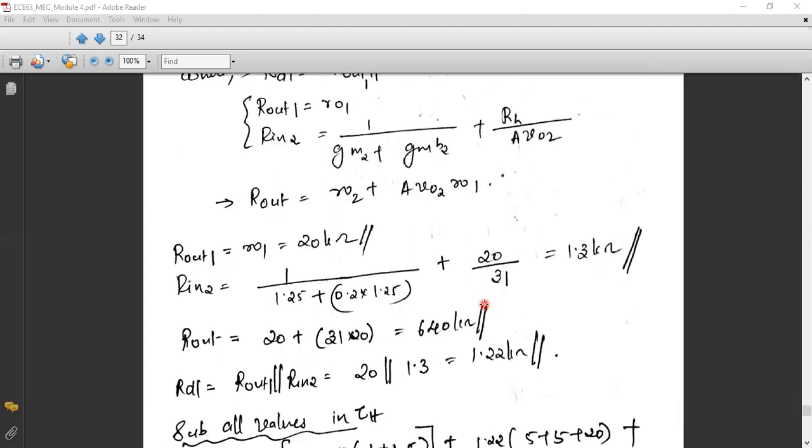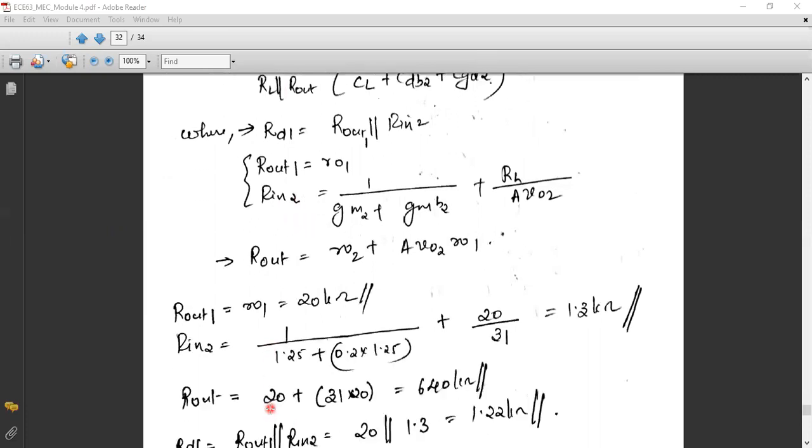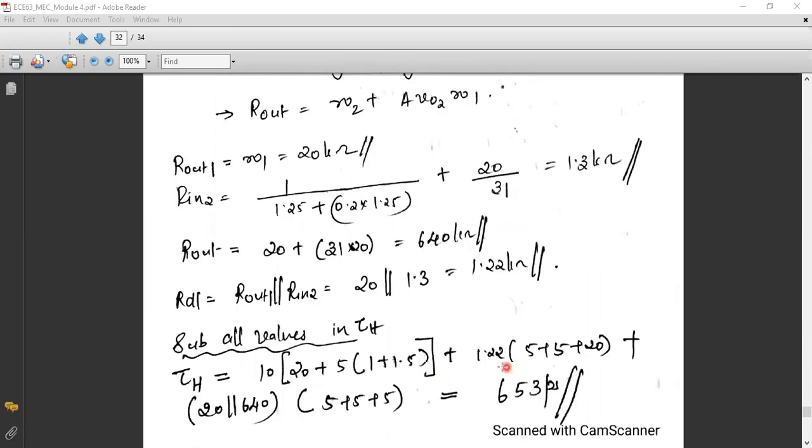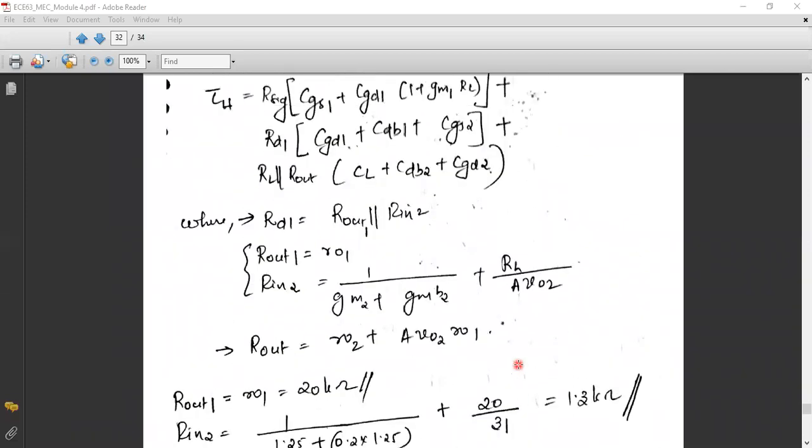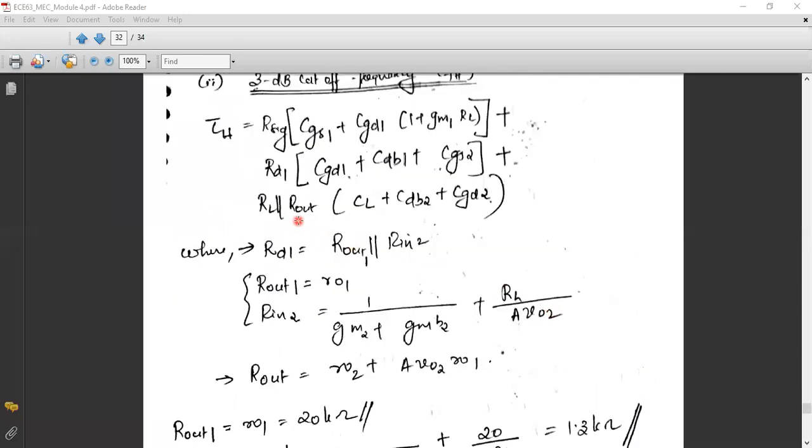What about the second term? If you see the second term, RD1 is 1.22. So 1.22 multiplied by CGD1 plus CDB1 plus CGS2. So 5 plus 5 plus 20. Plus the third term is RL parallel R out.